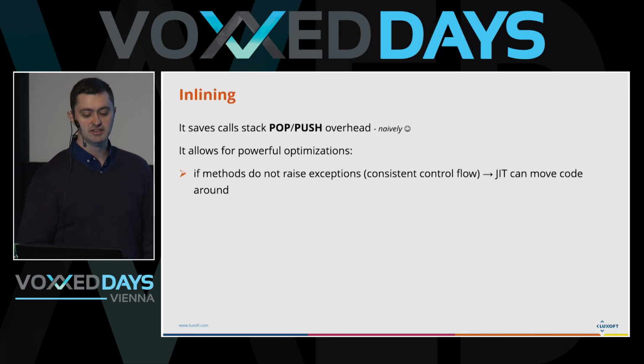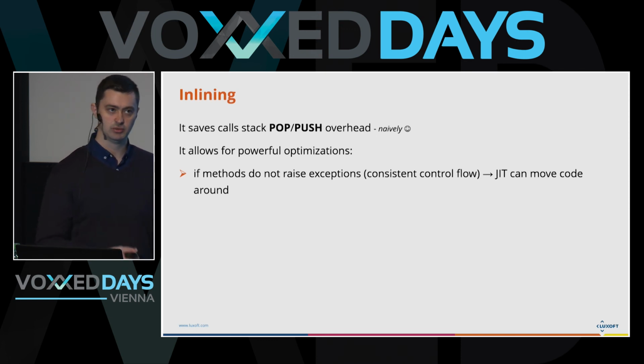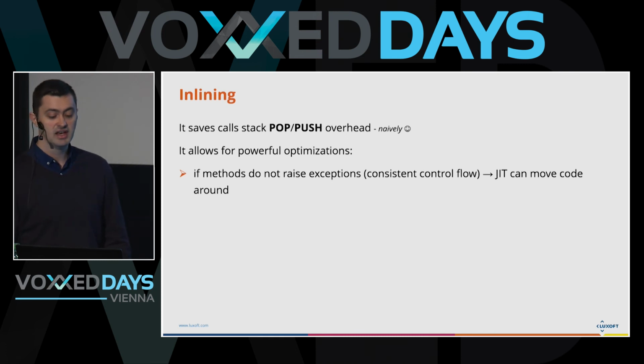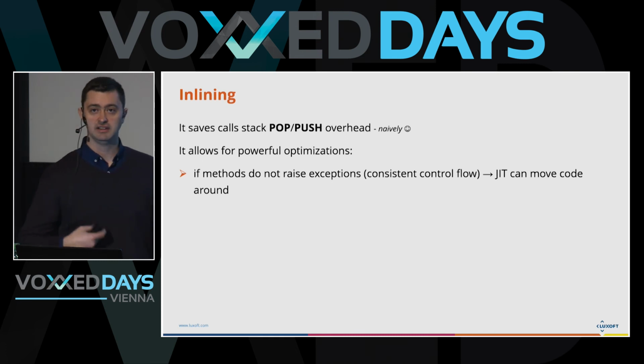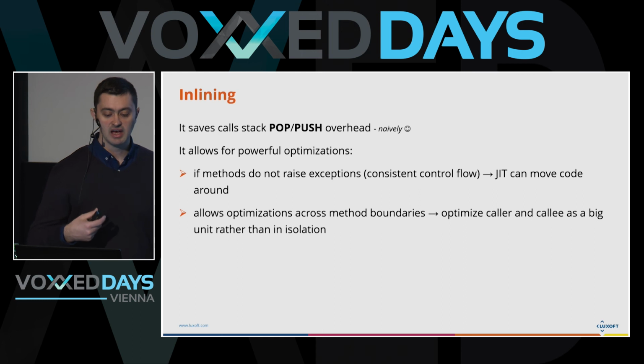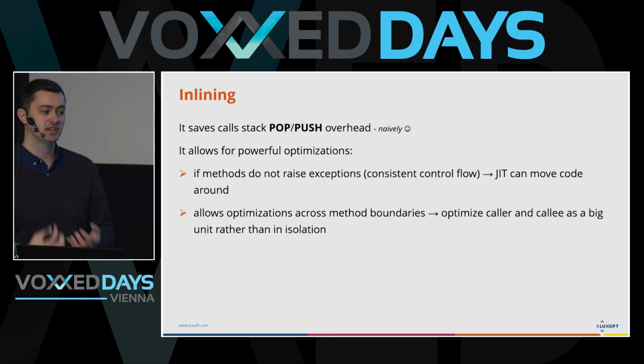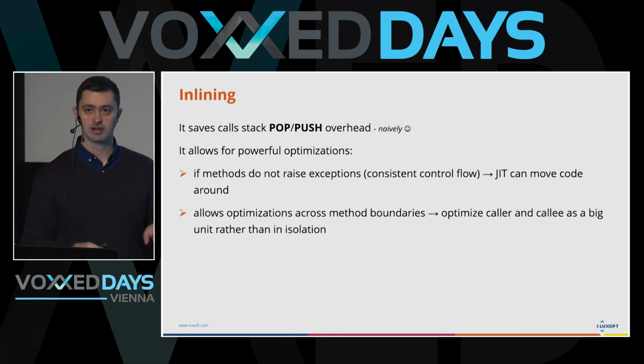The first one is about the consistent control flow of the code. If the just-in-time compiler sees that the flow of the code is consistent, it is able to move it around and deals with optimizations. It deals a lot with optimizations across boundaries, for example the caller and the callee.